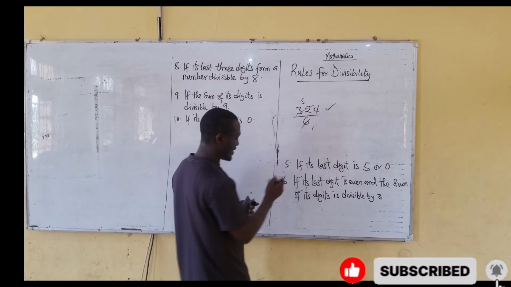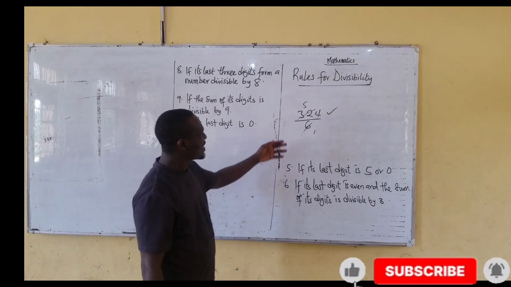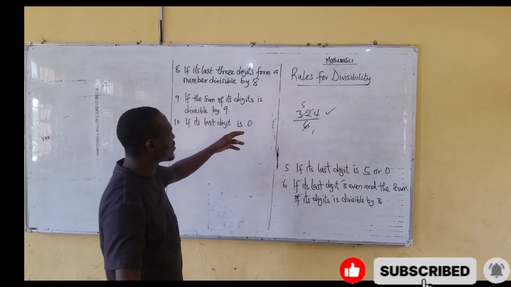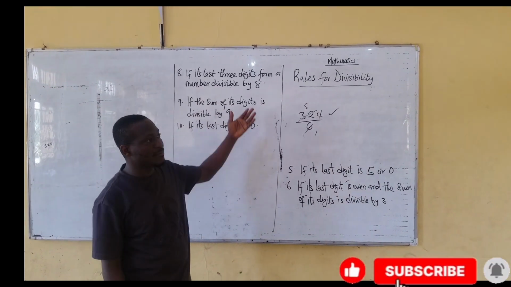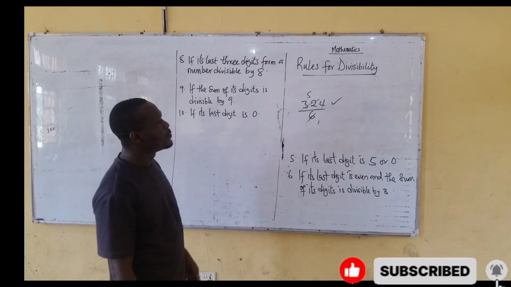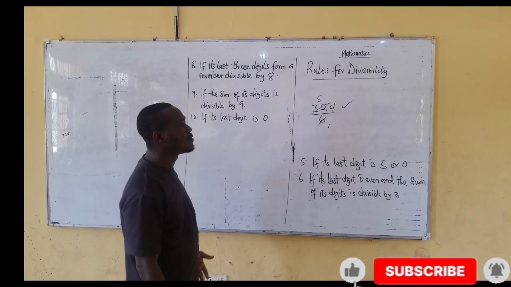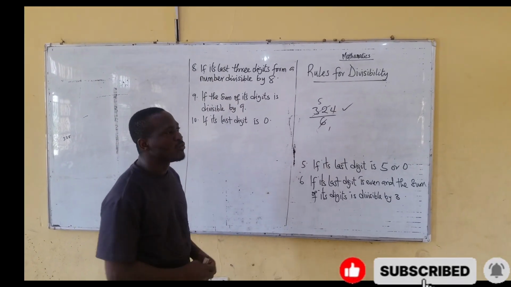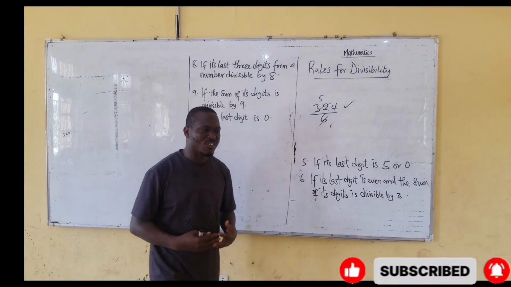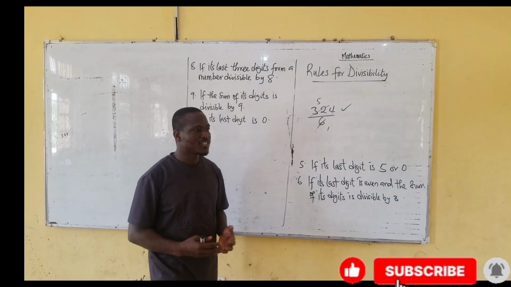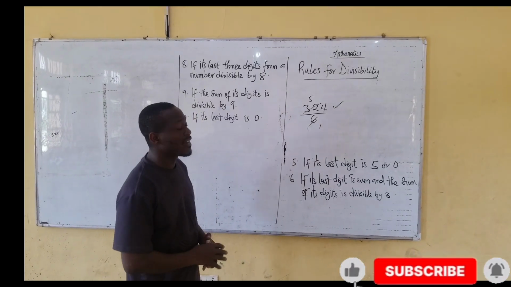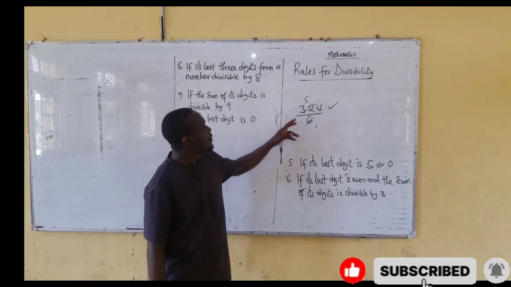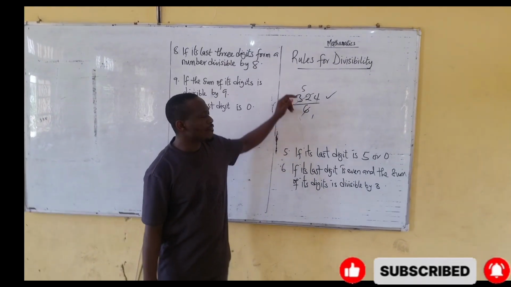5 sixes are 30. I'm able to get these divisions easily because I know my multiplication table, just like I did in my previous video. I was able to run my multiplication table down. That is the way you do it and become very good and confident in yourself. When you see mathematics questions, you do not need to panic because they are easy. So 32 divided by 6, I have 5.